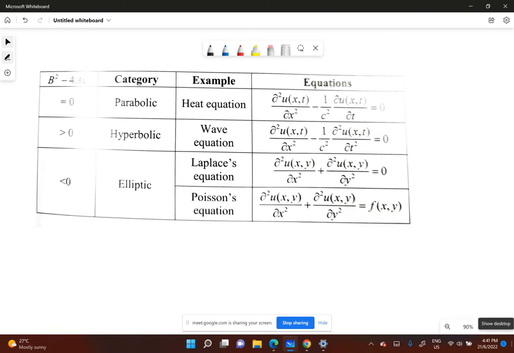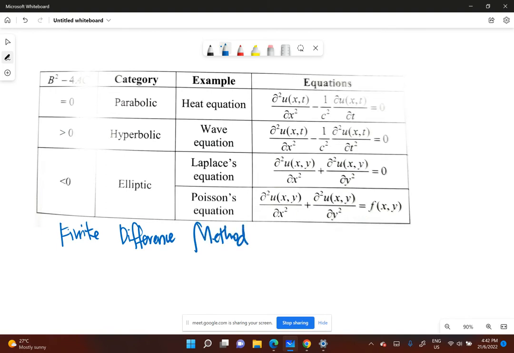Okay, so now we start with this one. Before we go further, I want to inform you how we are going to do this. Sebab kalau awak tengok syllabus, all three categories of PDE, we can solve using the finite difference method.